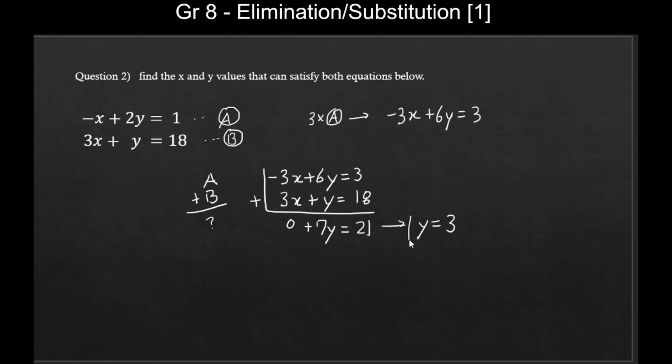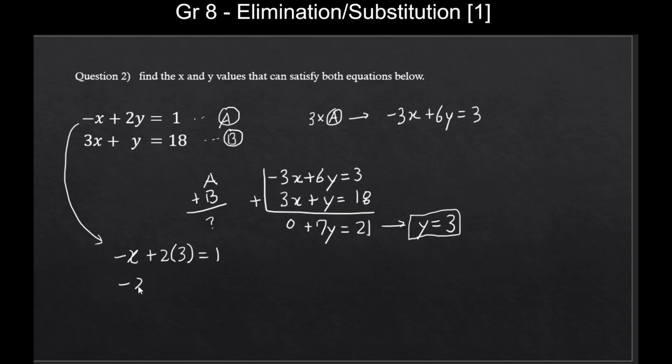So now that I have the y value, which is equal to 3, I'm just gonna choose one of the equations. I'll choose, okay, this one looks easier. Minus x plus 2 times our y value, which is 3, so 2 times 3, equals 1.